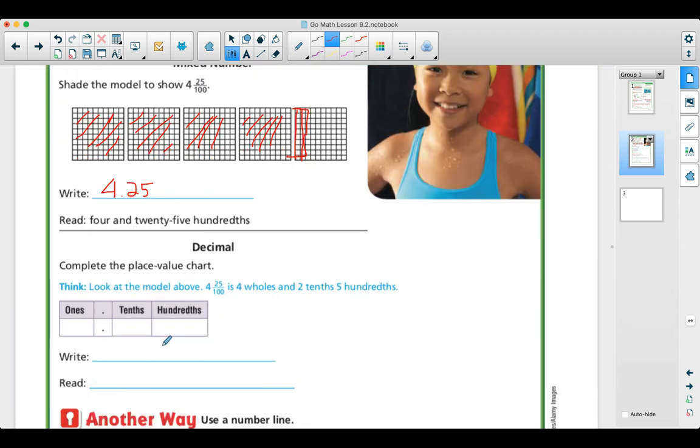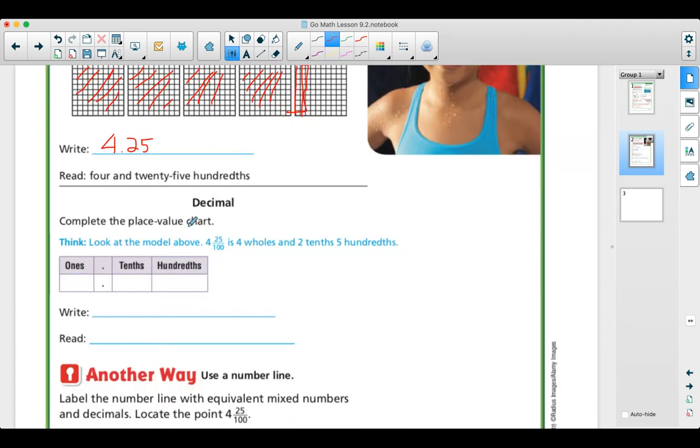Let's go to the next one. Complete the place value chart. Think. Look at the model above. 4 and 25/100ths is equal to 4 wholes and 2/10ths and 5/100ths. So we're going to add a 4 in the ones. There's 4 ones, and there's 25/100ths.